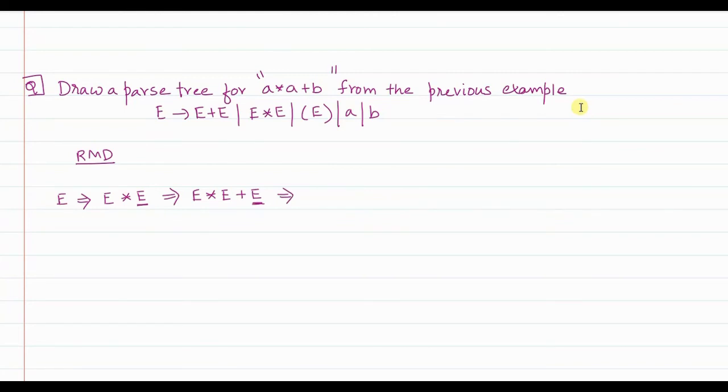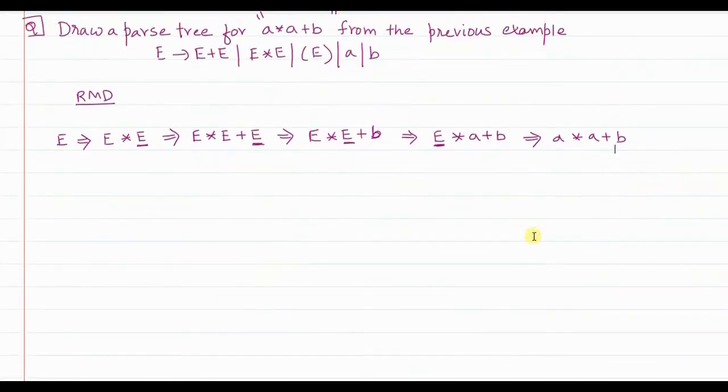So this E will be replaced with B, because in the current case, for A into A plus B, the last element should be B. So I get E into E, and the last E I replace with B. Then the next rightmost element will be this. What I want is A, so this will be replaced as E into A plus B, and finally this is the next rightmost element. What I want is A, so this will become A into A plus B. So this is the rightmost derivation.